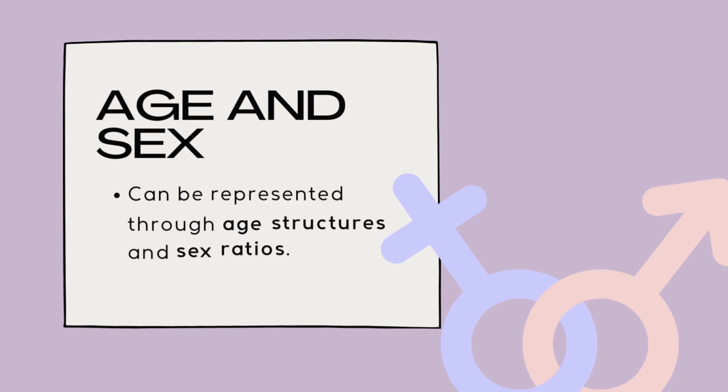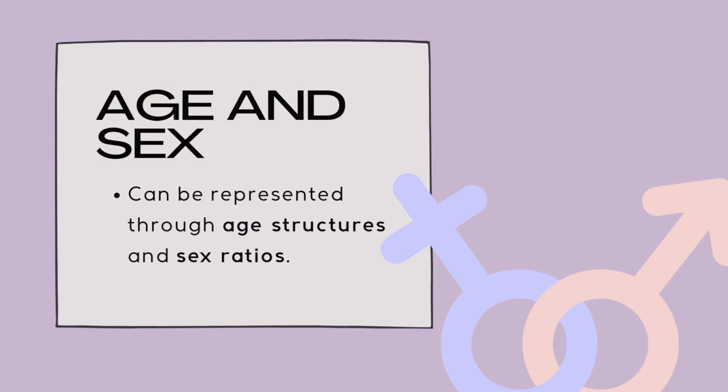Age and sex are also essential factors in describing populations and can be represented through age structures and sex ratios. These visual records make use of both of these properties to provide crucial information regarding the population state, and at the same time, whether males or females would dominate future populations. Age structure, or commonly age-sex structure of a population, is often shown as a population pyramid.